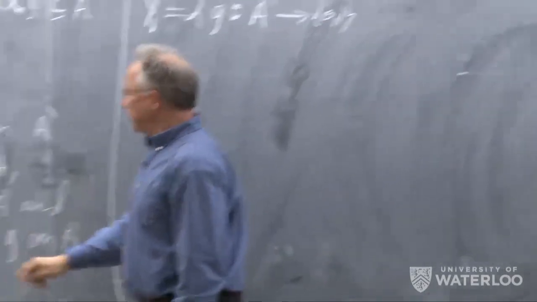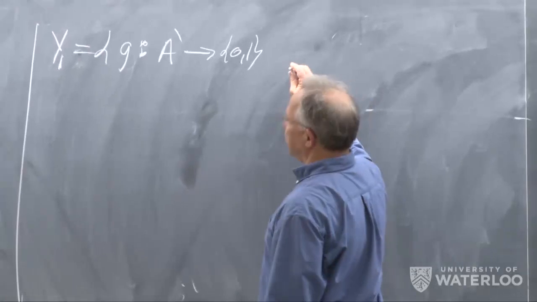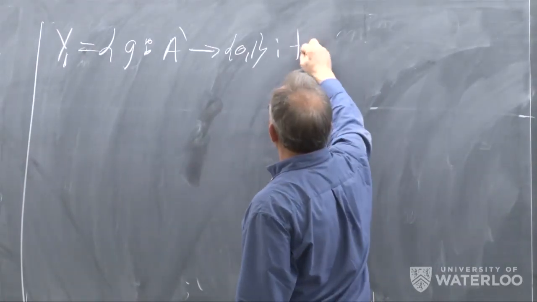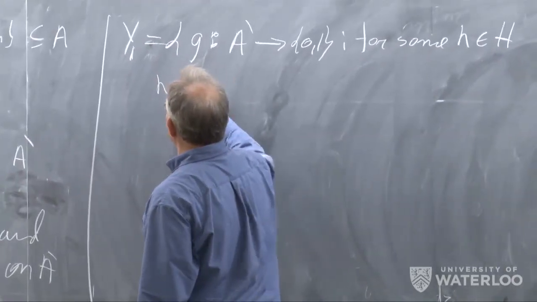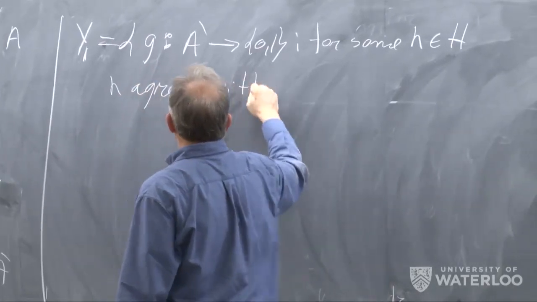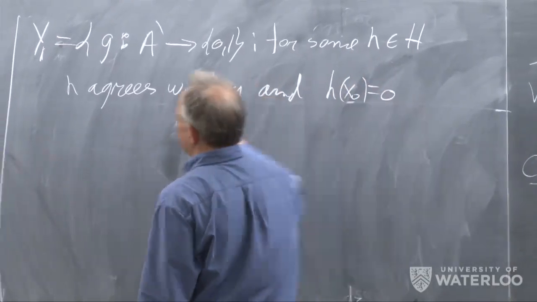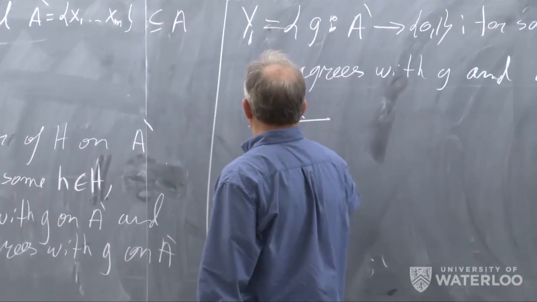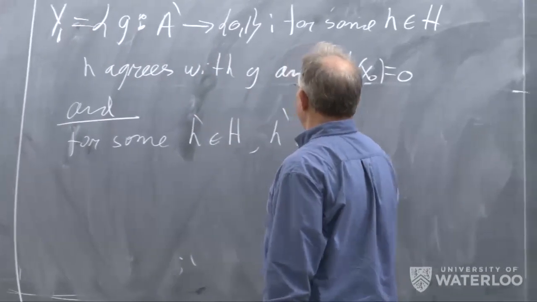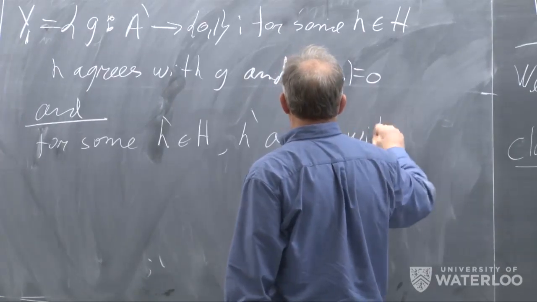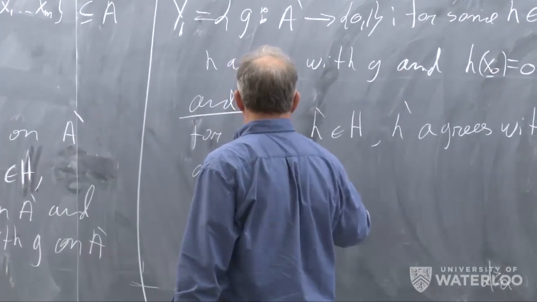Now I want to have the same thing, but instead of or, I will have and. So such that for some H in H, H agrees with G and h of x0 is 0, and for some h prime in H, h prime agrees with G and h prime of x0 is 1.